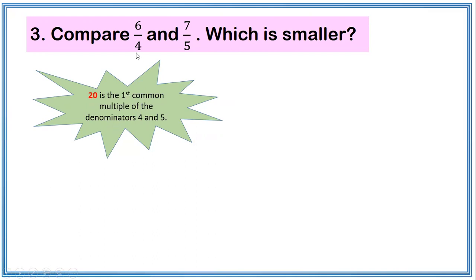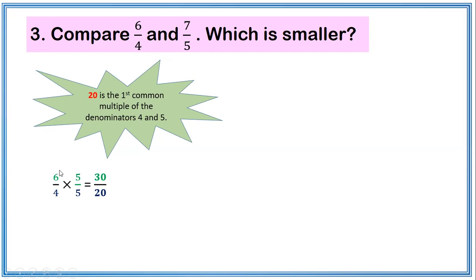So the multiples of 4 are 4, 8, 12, 16, 20. And then the multiples of 5 are 5, 10, 15, 20. That's why their first common multiple is 20. So meaning their denominators must be 20.